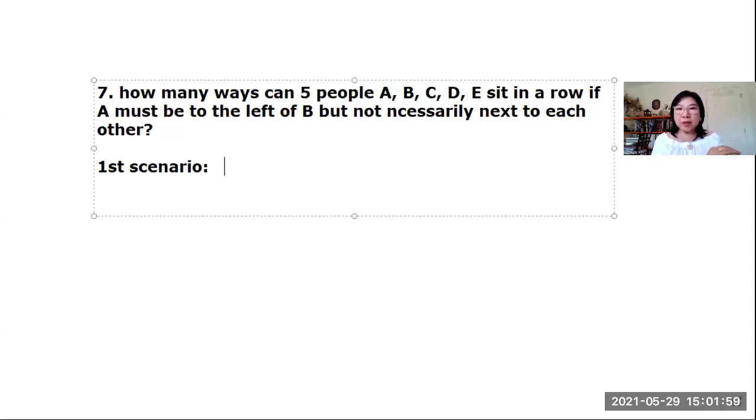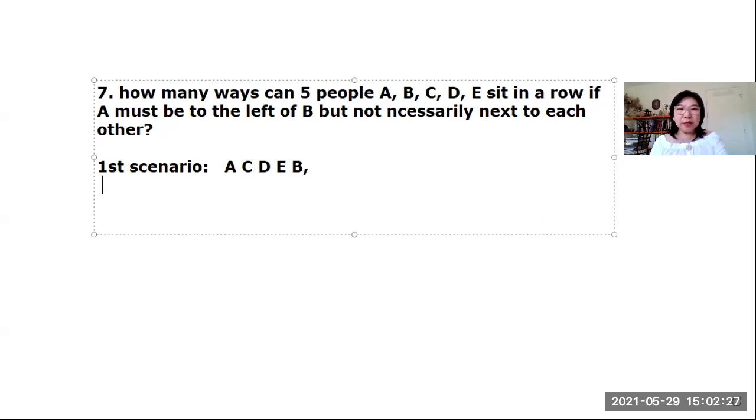It can be A, B, C, D, or it can be C, D, E, B, A. But as long as A has to be on the left, not the right-hand side, of the B person. So maybe we will have an A, and they're not next to each other, so you cannot put B. It has to be C, and D, and E, and B. Maybe that's the first scenario.